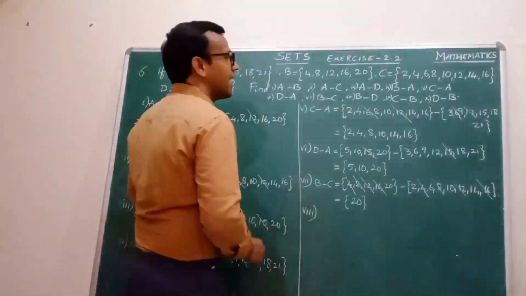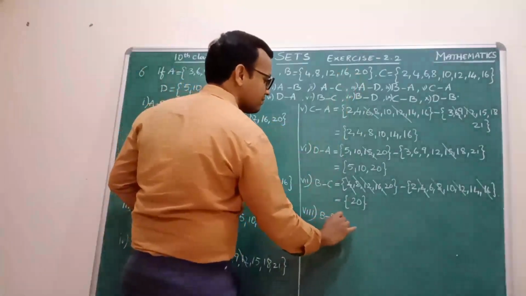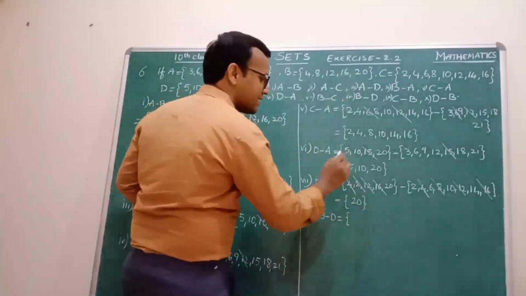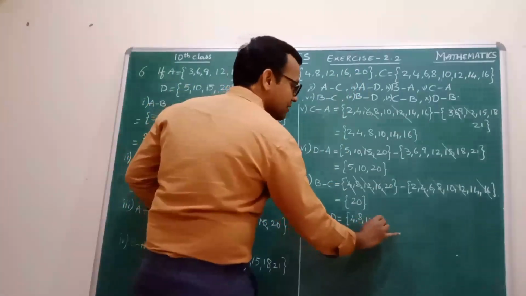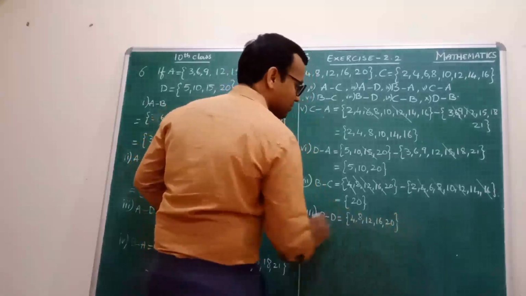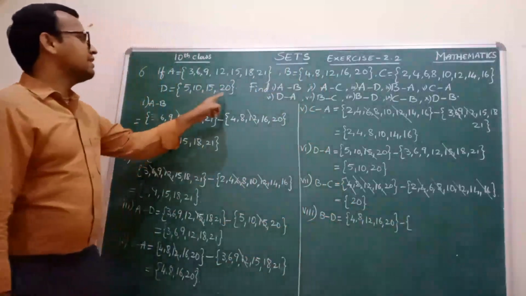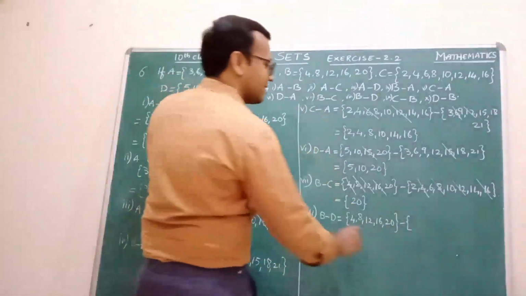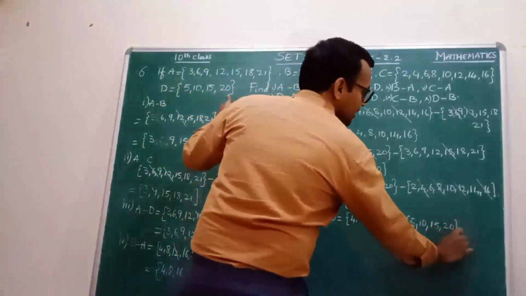Now let me go for the eighth one. Eighth one is B minus D. So let me write set B. We have already written here 4, 8, 12, 16 and 20, which are multiples of 4, minus D. Set D. Set D is the multiples of 5. Let me write that. 5, 10, 15 and 20.